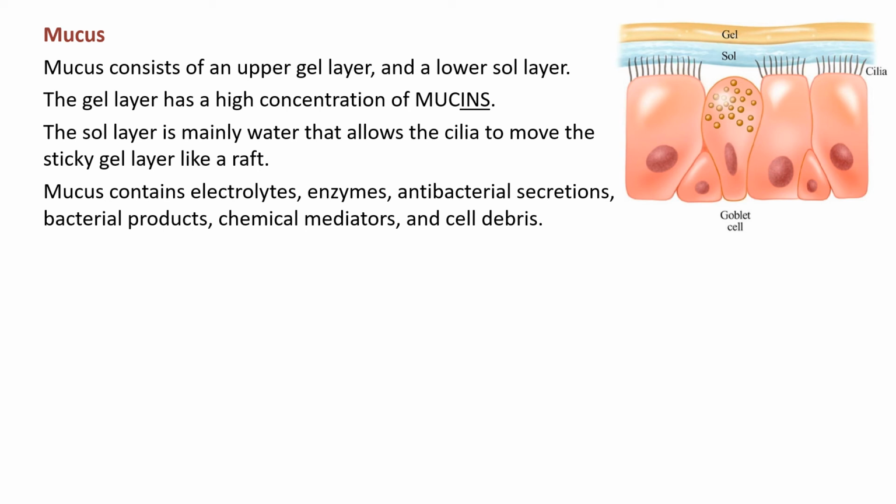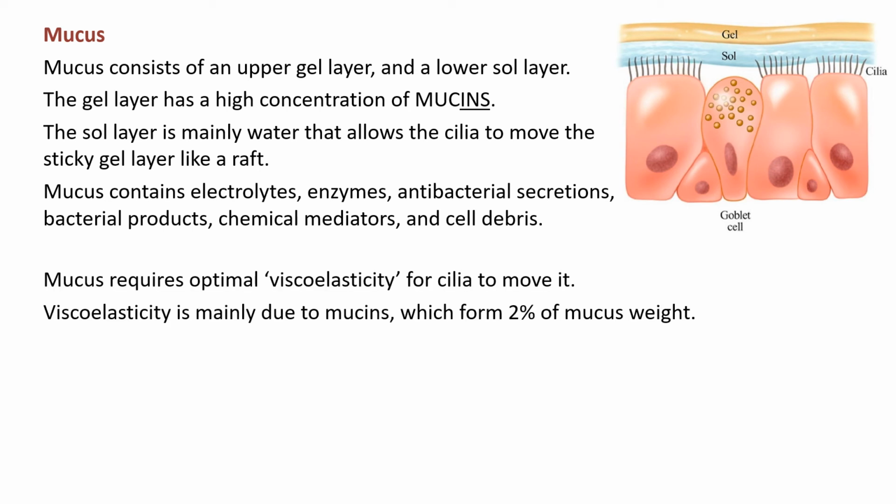Mucus as a whole contains various other things. So it contains ions, electrolytes. It contains enzymes, antibacterial secretions, obviously bacterial products potentially, chemical mediators, and cell debris. Mucus needs to be the right stickiness. It needs to be of an optimal viscoelasticity for the cilia to move it.